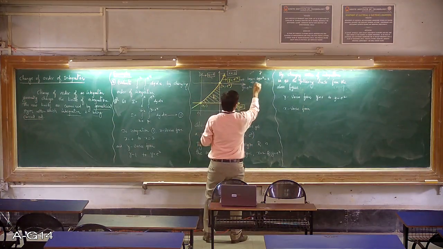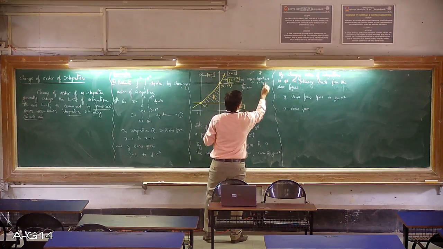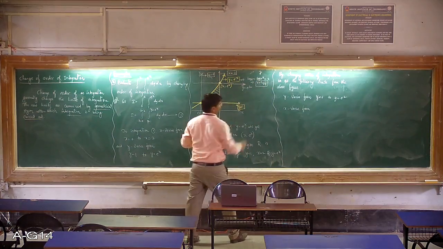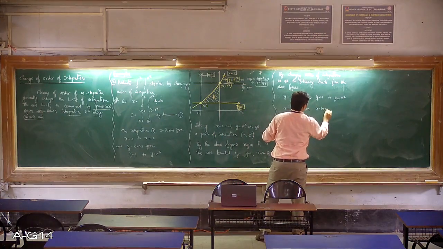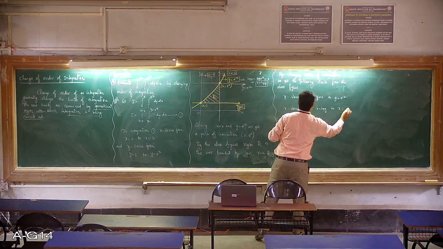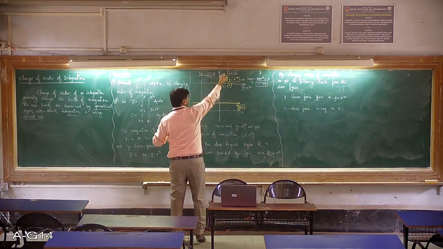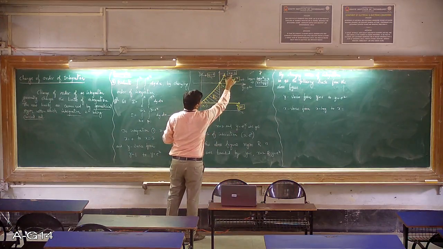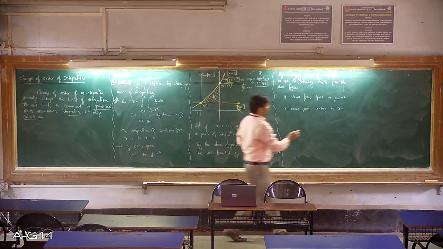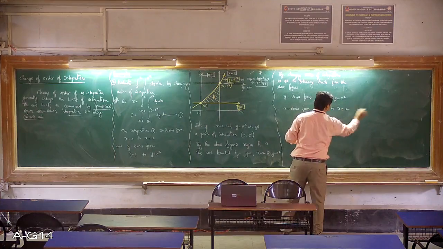Therefore x equals log y. So x varies from x equals log y to, this curve to this curve. What is that curve? You can see here, x equals 2. So x equals log y to x equals 2.